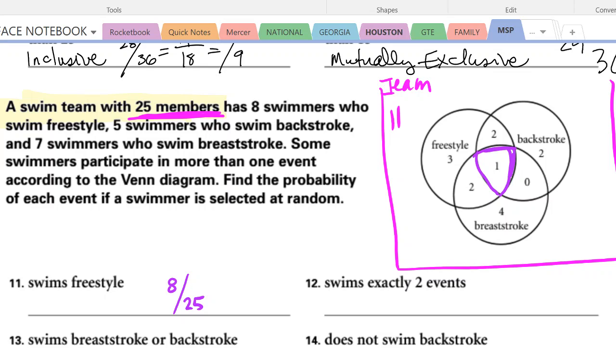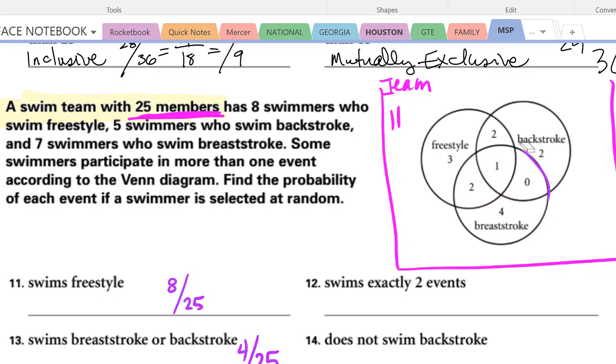The only ones that swim only two are the ones outside of that very middle. These two swim freestyle and backstroke. These two swim freestyle and breaststroke, and these two swim breaststroke and backstroke. And that one swims three, so you can't count it. So the total is 4 out of the total 25.